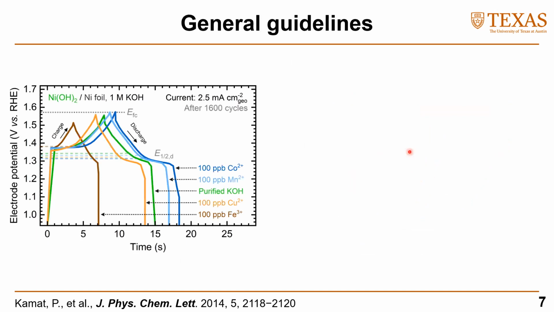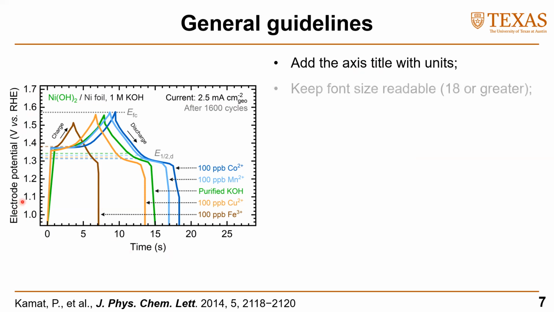All right, so now I'll give you very specific guidelines. First of all, make sure you always include the axis title with units, as we can see here. Keep the font size readable. So make sure that the font size is consistent. Actually, notice here that most of the labels have the same font size.